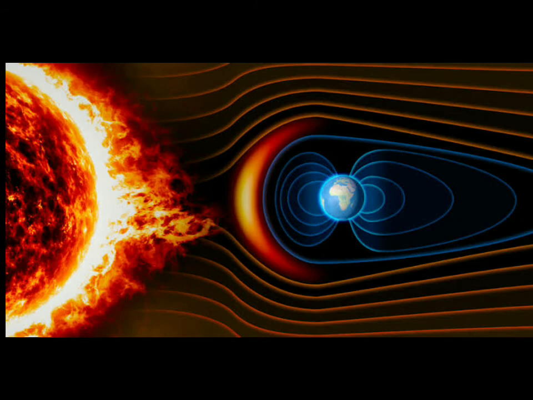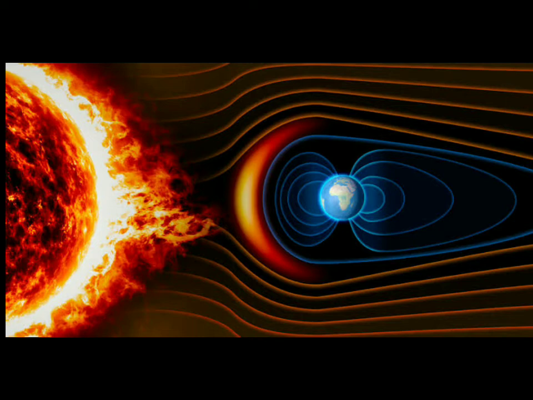Now, the presence of this magnetic field is very important as it acts as a shield from harmful cosmic rays or particles radiating from the sun. The magnetic field deflects the cosmic rays or particles and does not allow them to enter the Earth's atmosphere.